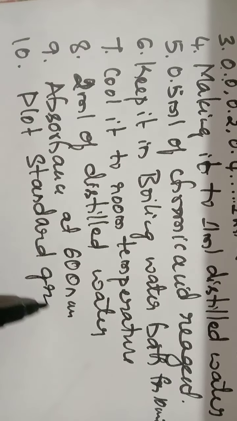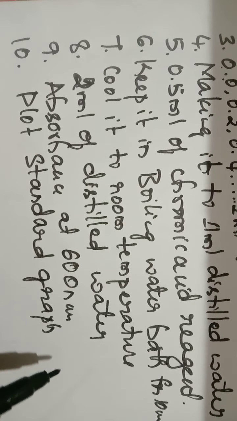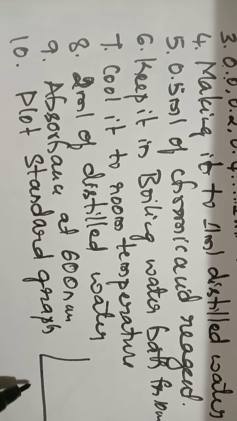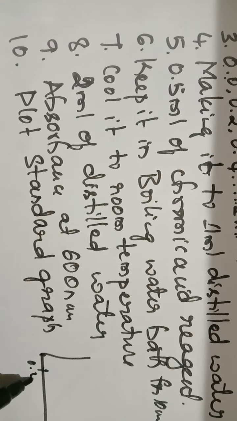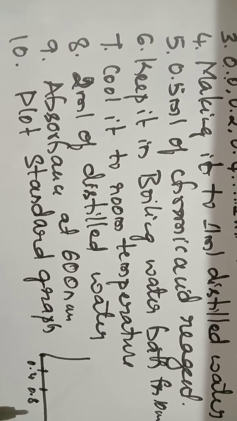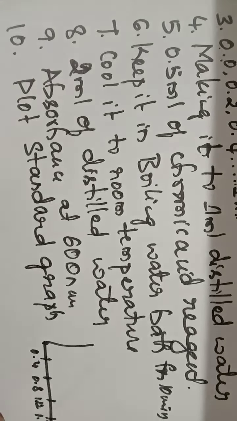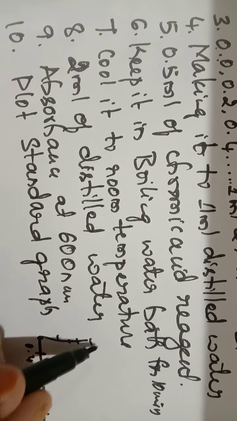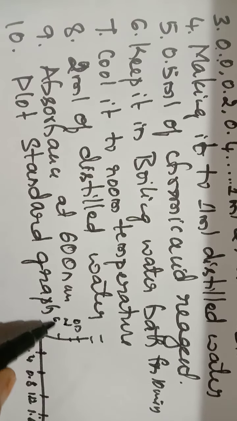How to plot the standard graph? When we are plotting the standard graph, we take the readings. So here 0.4%, 0.8%, 1.2%, 1.6% and 2% of alcohol on the x-axis, and whatever OD reading we got, we plot on the y-axis, that is OD at 600 nanometer.